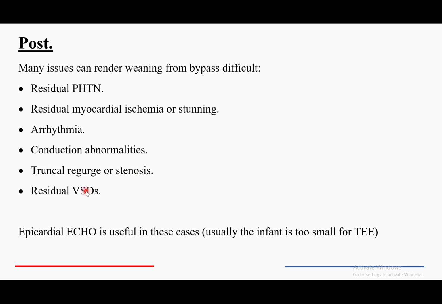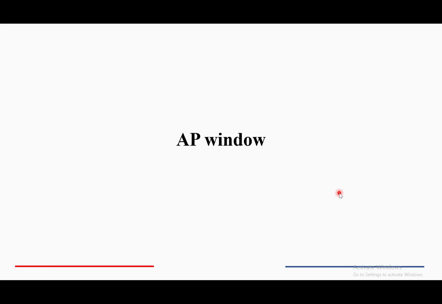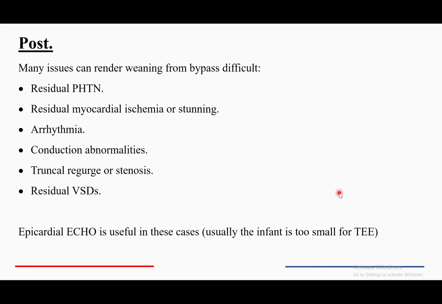Residual VSDs. Epicardial echo is useful in these cases because usually the infant is too small for TEE, or the neonate is too small for TEE. So we have to keep in mind, as a summary, that in short, these are highly critical cases.